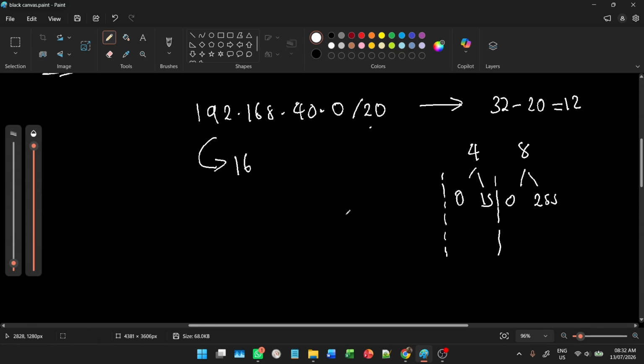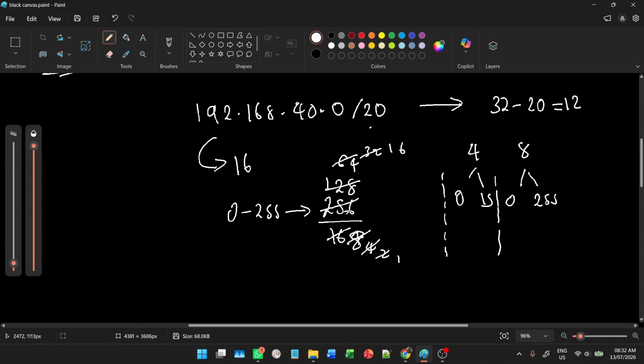So if we take 0 to 255, if we divide it by 16, so let's say 256 divided by 16, you're going to get 16 here, right?